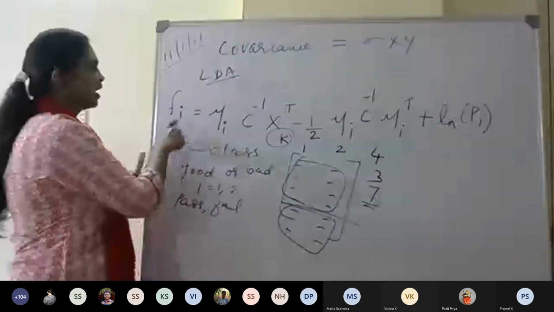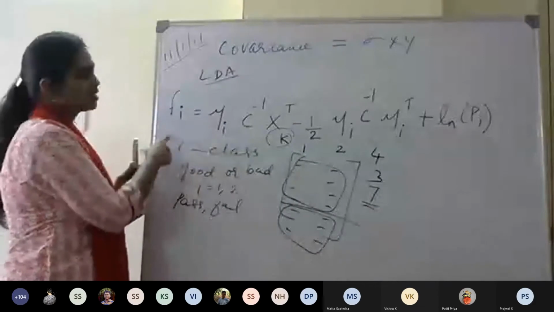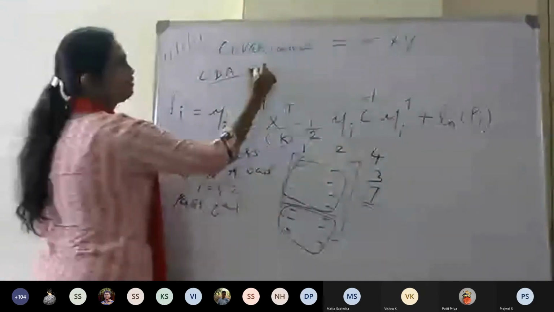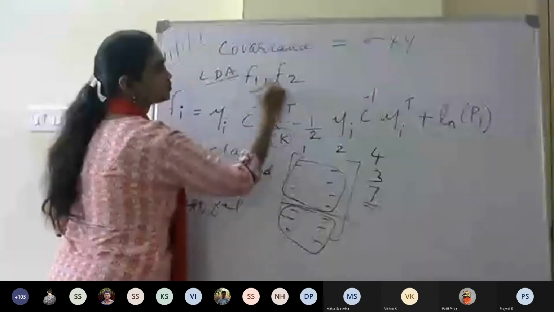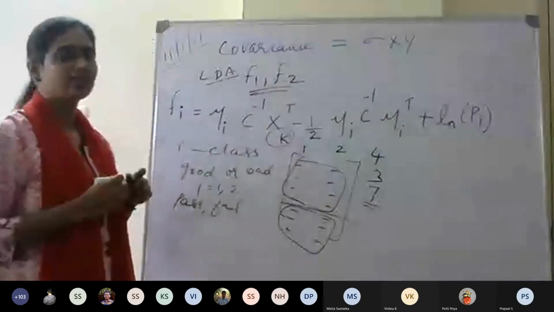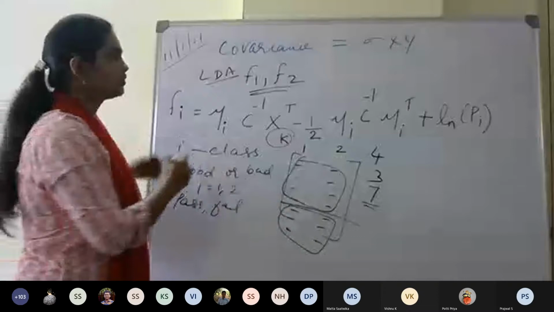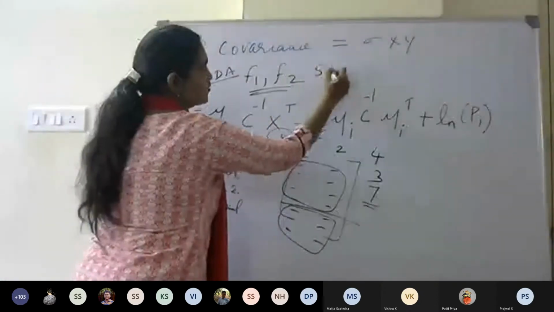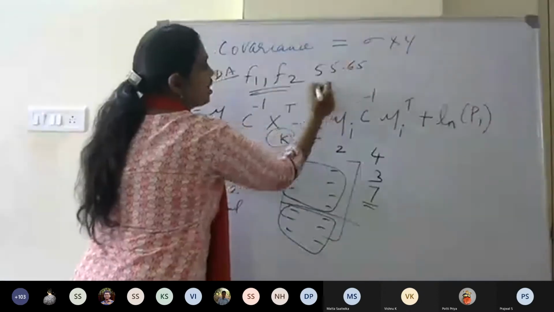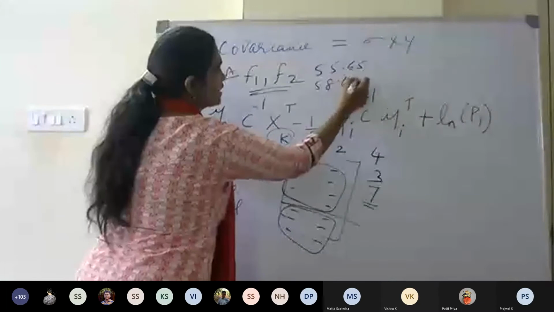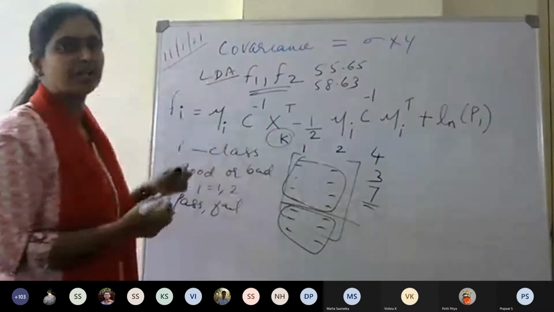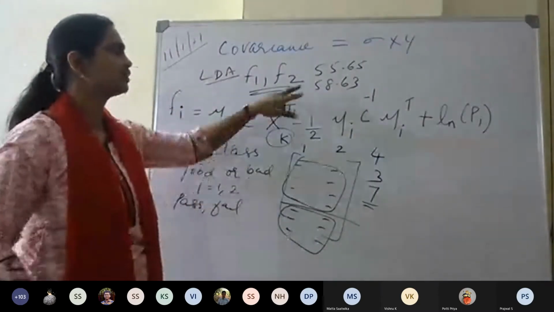So I will be calculating this for both F1 and F2. Okay, we need to calculate this for both F1 and F2. It will give a value, say 55.65 or 58.63, like this. Some numerical value it will give.